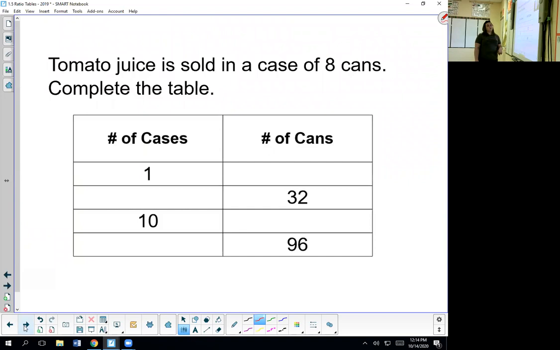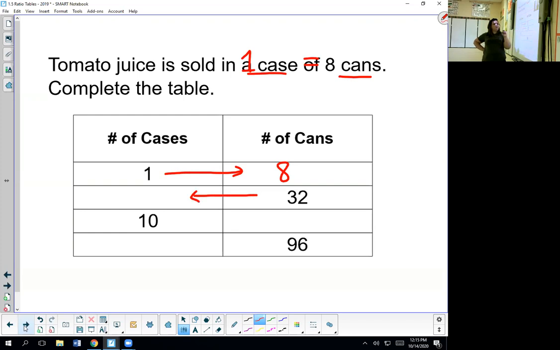Okay, next one. Let's look at this. You always have to read the title and work from there. The tomato juice is sold in a case of 8 cans. Complete the table. Number of cases, number of cans. So a case is 8 cans. So one case would be 8 cans. How many cases would I have if I had 32 cans?